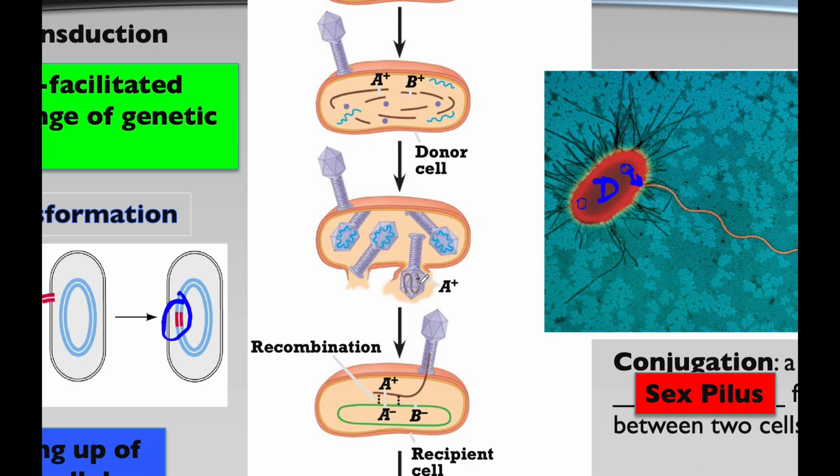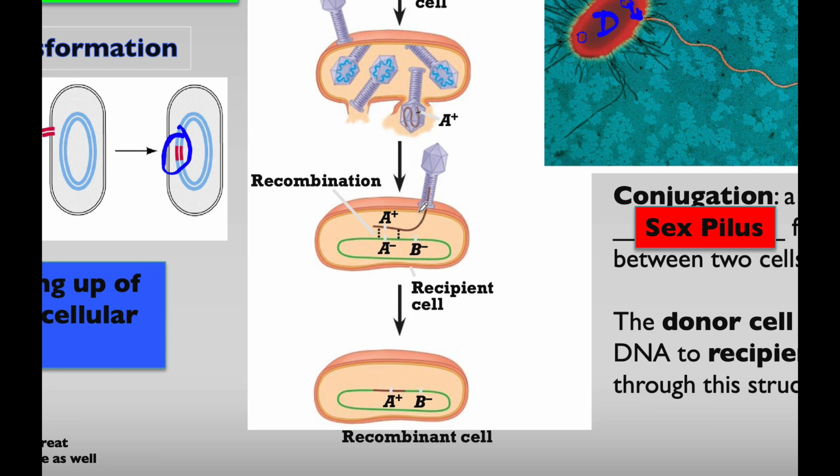DNA. But now, some of the original DNA, the segment that contained the A plus set of genes here, or gene itself, is also inside of one of the viral bodies and is going to be then passed on to a new cell.